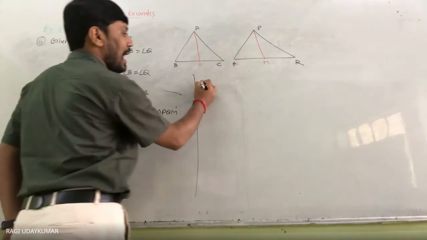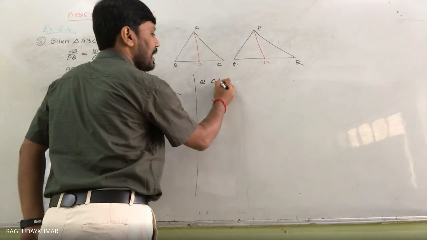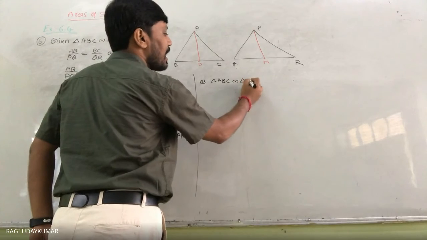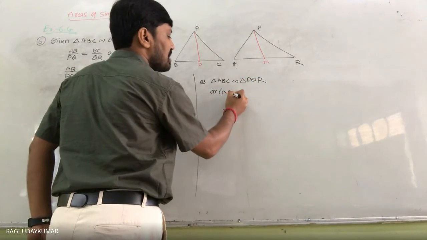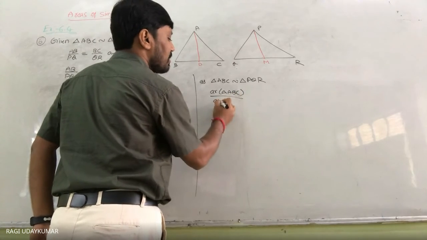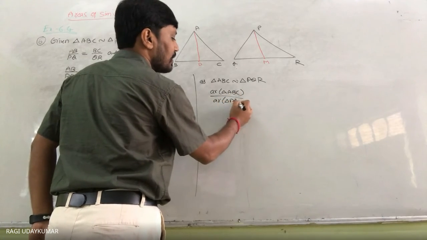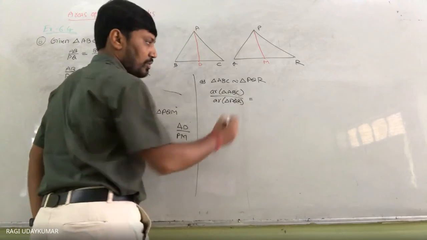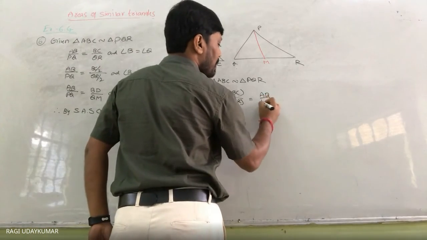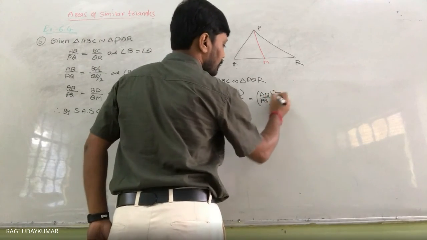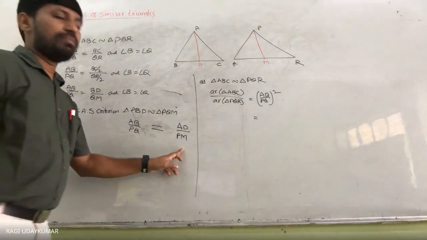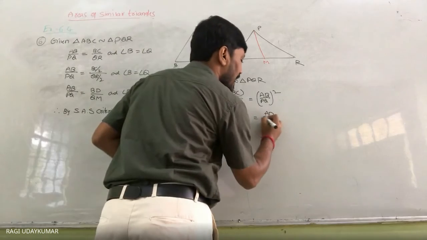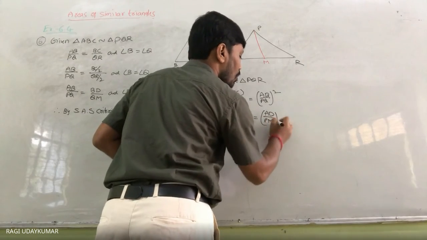Now, as triangle ABC is similar to triangle PQR, area of triangle ABC by area of triangle PQR is equal to (AB by PQ) whole square, and since AB by PQ is equal to AD by PM, I am writing (AD by PM) whole square.